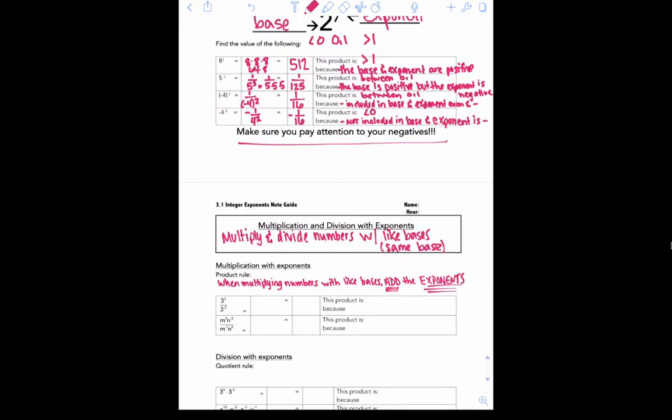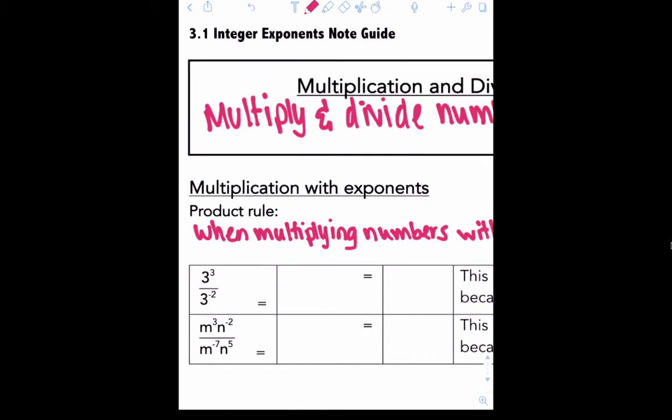So let's go ahead and do 3 to the third divided by 3 to the negative second. So even though there's division going on right now, once we move that negative exponent up into the numerator, we're going to be multiplying, and we can use the product rule. So, like I said, we have a negative exponent in the denominator, which needs to move up to the numerator.